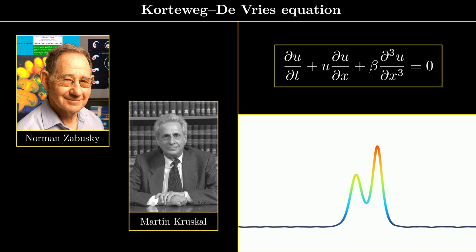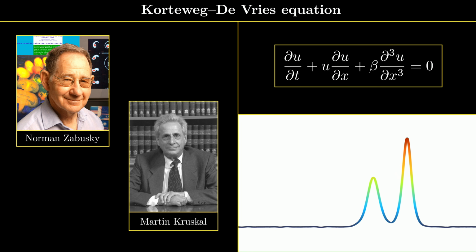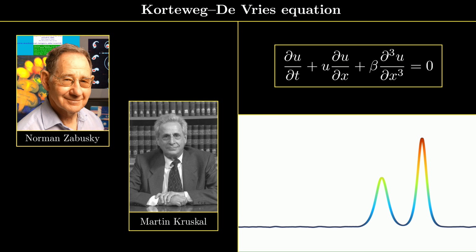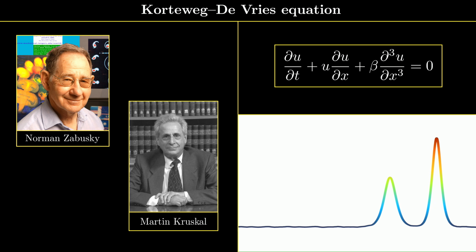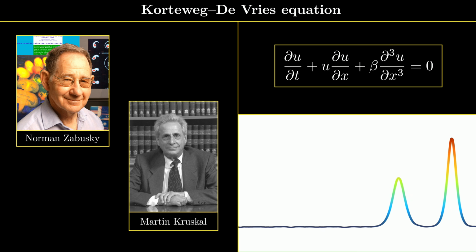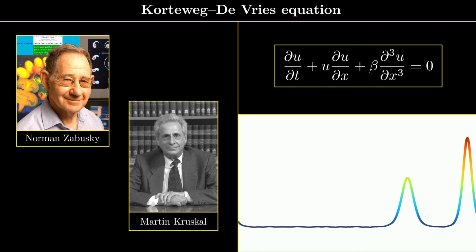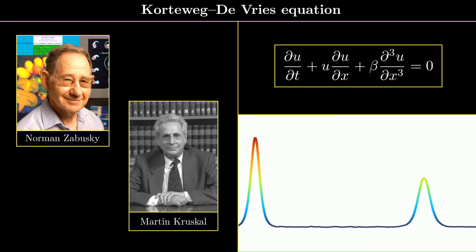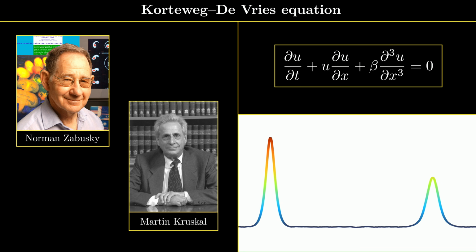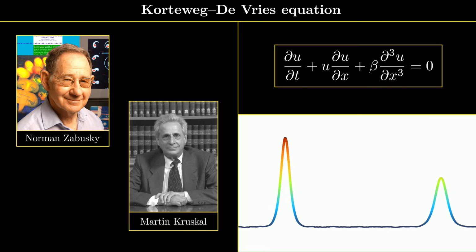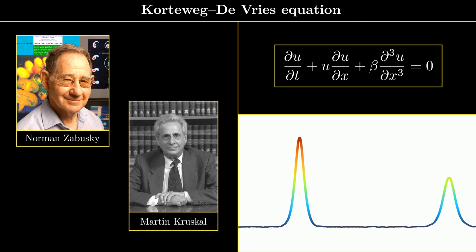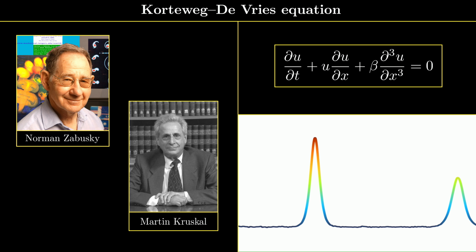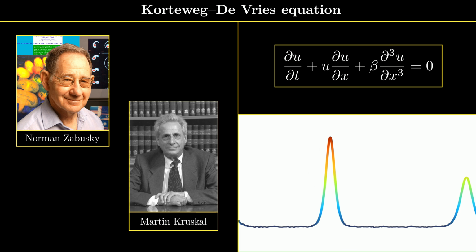For example, if a faster wave overtakes a slower one, both waves restore their original appearance after the interaction. This behavior resembles the elastic collision of particles and is completely uncharacteristic of ordinary linear waves. That is precisely why Kruskal and Zabusky named such stable solitary waves solitons.